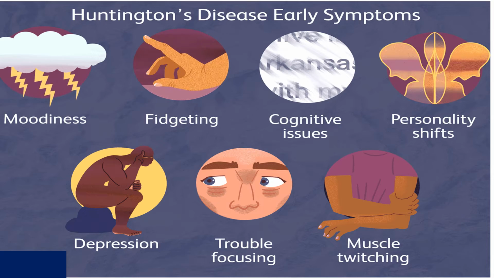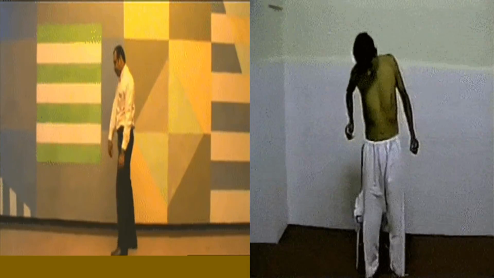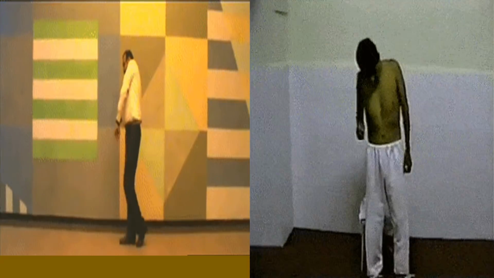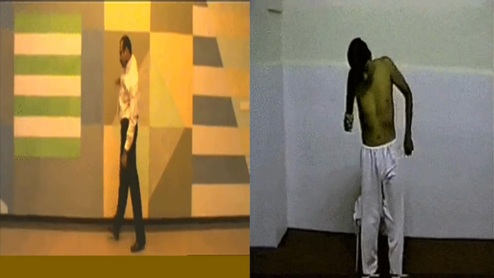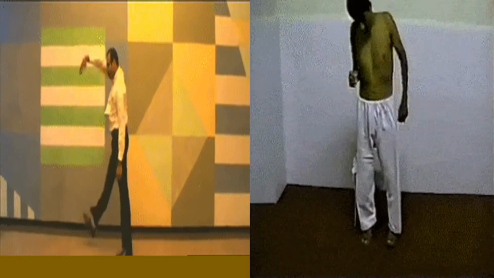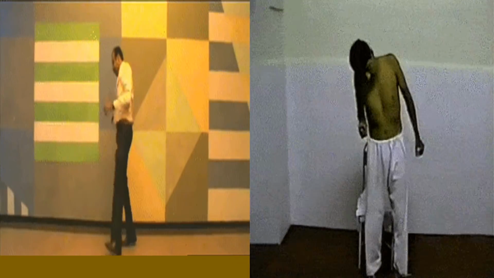Some important factors about the deadly Huntington's disease. People with this disease progressively lose muscle control and mental functions until the death. Symptoms don't appear until around the age of 20 or later.